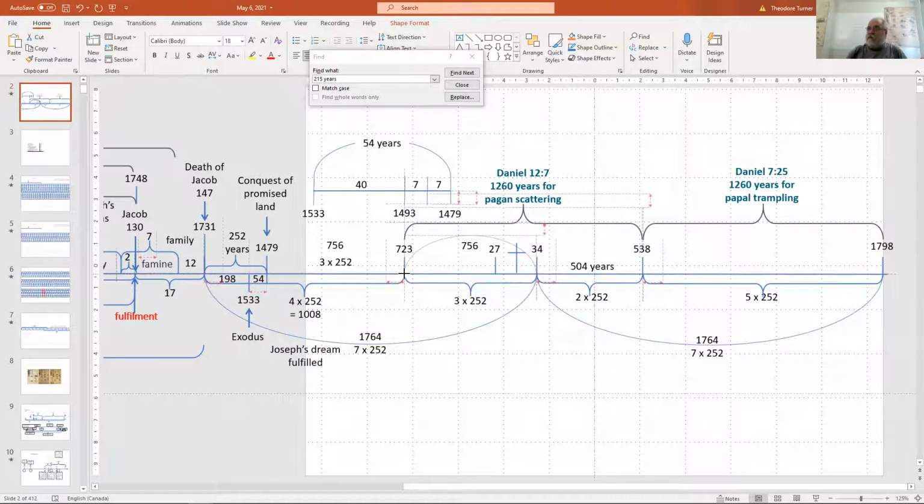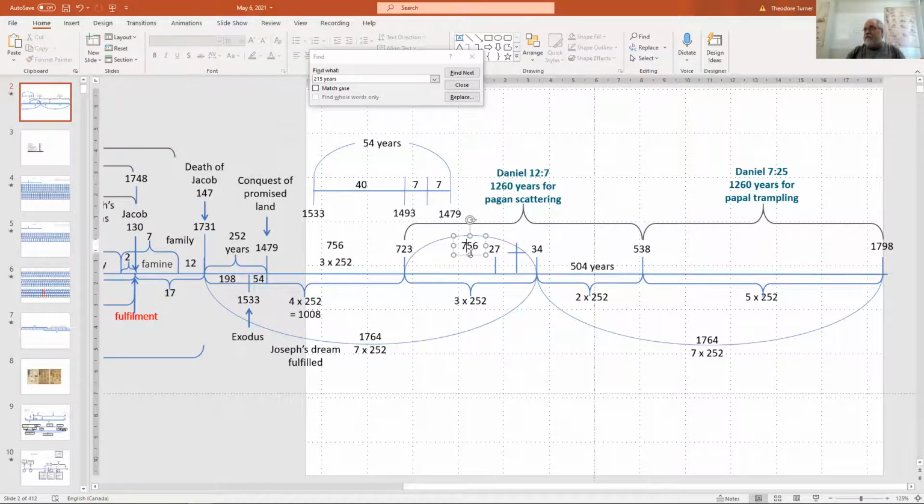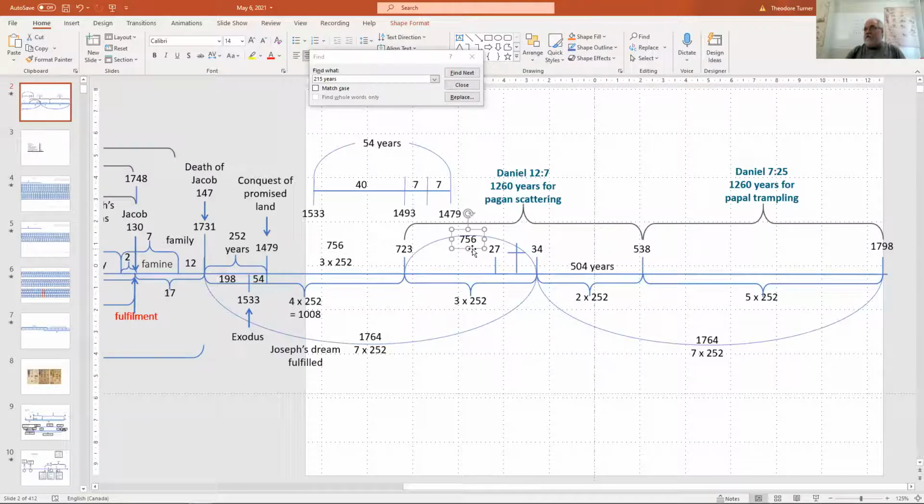Well, it's part of a judgment for idolatry. Okay, so it's about the land, right? For not keeping the land, having the land rest. Correct. And so we can see that this is all connected to the land to a large degree, though it's also connected to the people, because the people and land are connected.